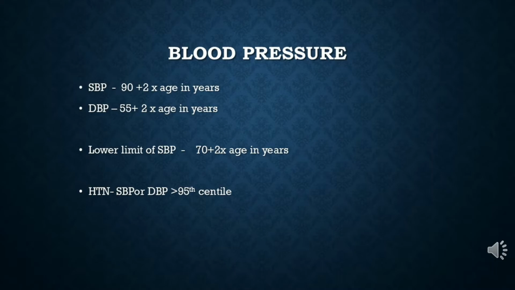Hypertension or high BP is systolic or diastolic BP more than the 95th centile. There are various graphs for each age group for the normal BP values. Just remember these three formulas in case of blood pressure.